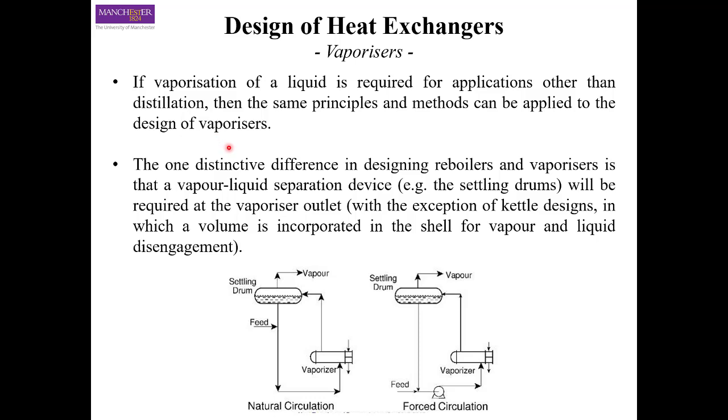Another distinct difference between a reboiler and a vaporizer is that for a vaporizer, you have a vapor-liquid separation device. Here you can see that the liquid comes to the vaporizer and is converted into vapors, and then it enters this chamber known as the settling drum, where some part of the liquid condenses.